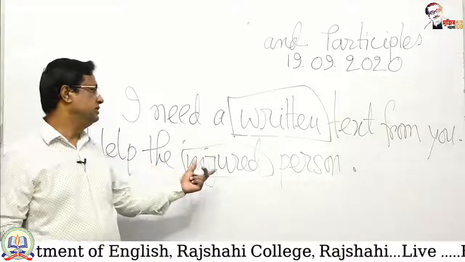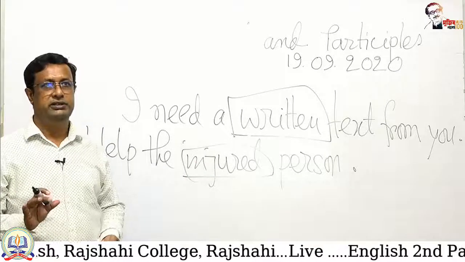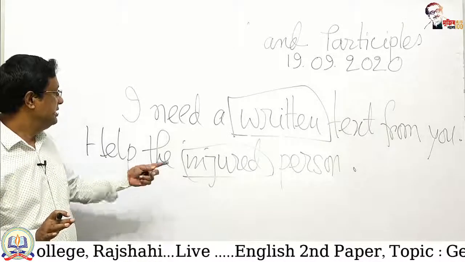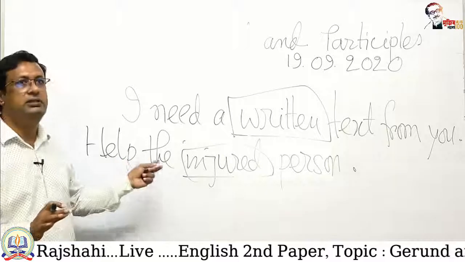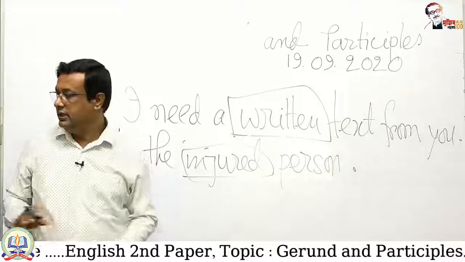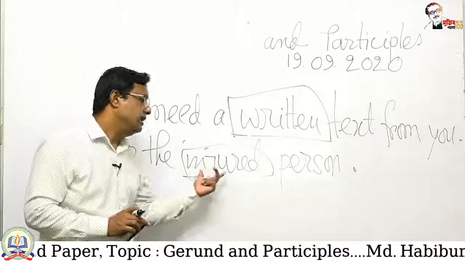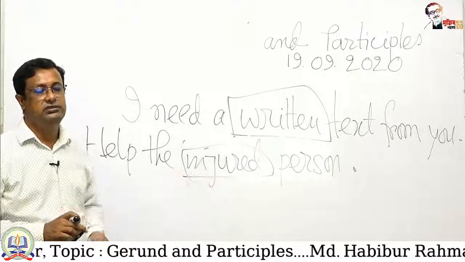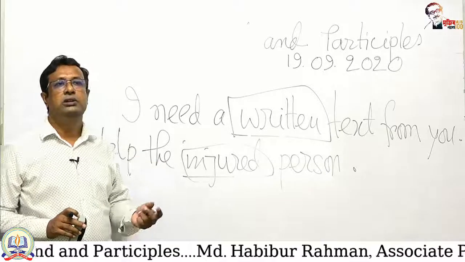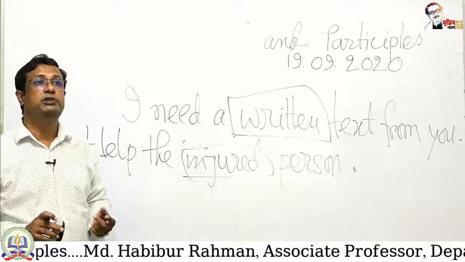"Help the injured man." The man who has an injury in his body is injured. So that injured person should be helped. In this way, we have shown pre-modifiers. When we need other related words or other information to mention, we have to use the past participle as a post-modifier.